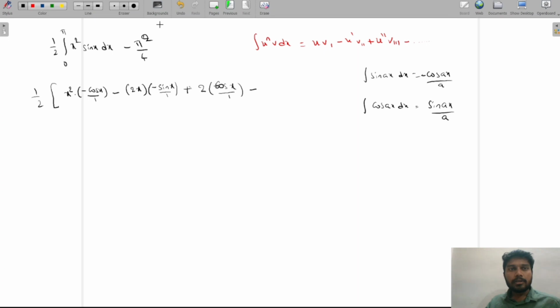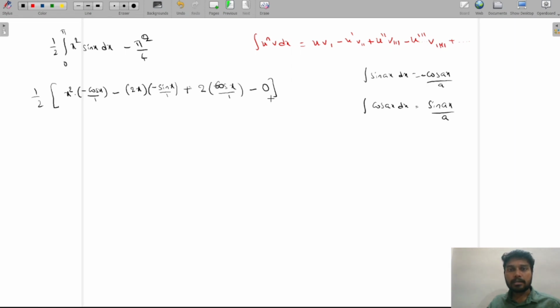Now here u I'm differentiating 3 times. Okay, I'm differentiating u 3 times. Then what will happen? U 3 times differentiation: one time differentiation 2x, second time differentiation 2, third time differentiation how much? It is 0, right? So I'm not discussing the v 4 times integration.